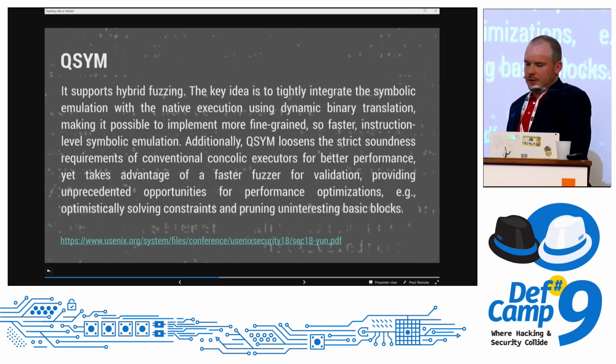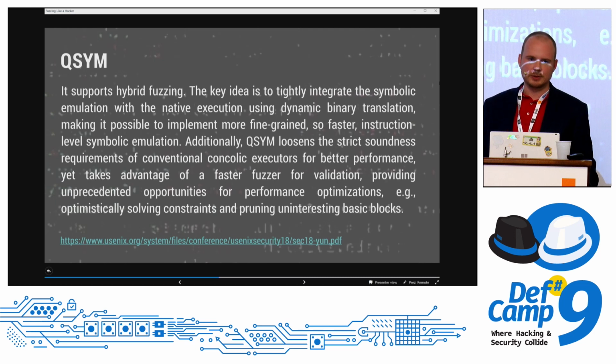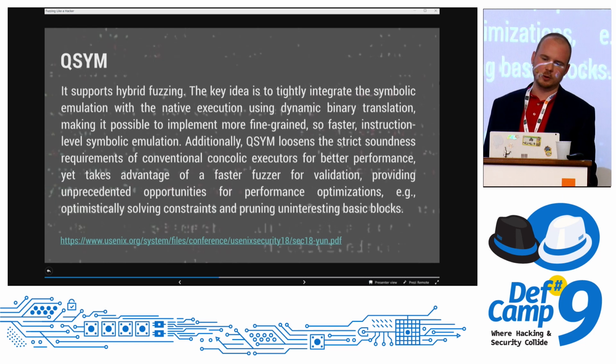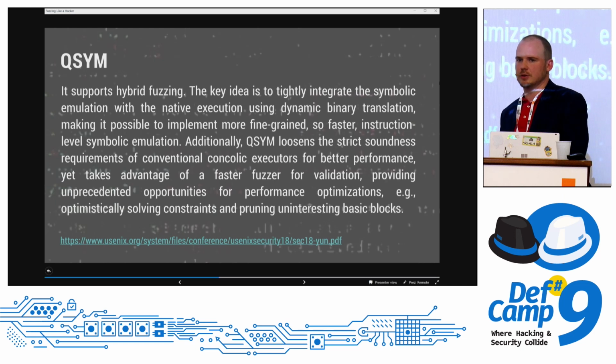The third one, a very interesting tool that I've seen recently, is called QSYM. It's not exactly concolic execution because it doesn't use symbolic execution for test case generation. It uses the Pin tool and tries to solve the constraints loosely, so it's guessing the constraints, not solving them, which makes it work much faster than concolic execution.